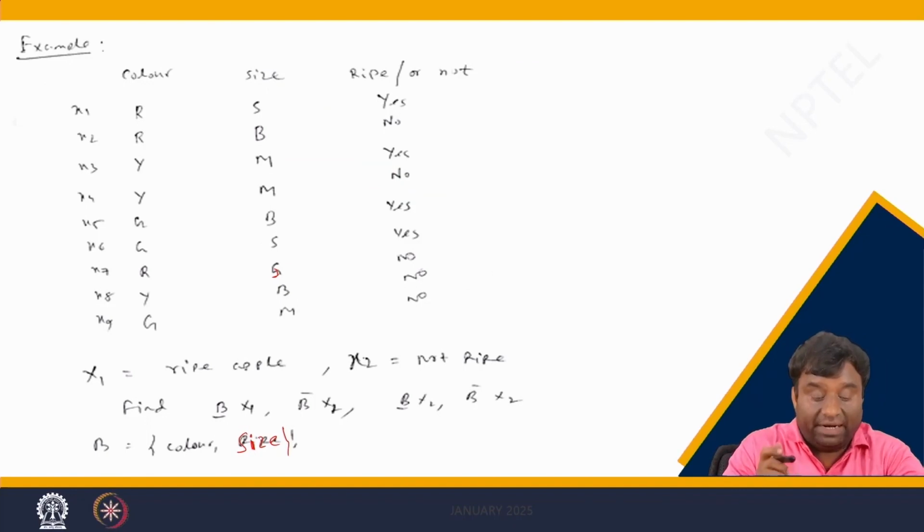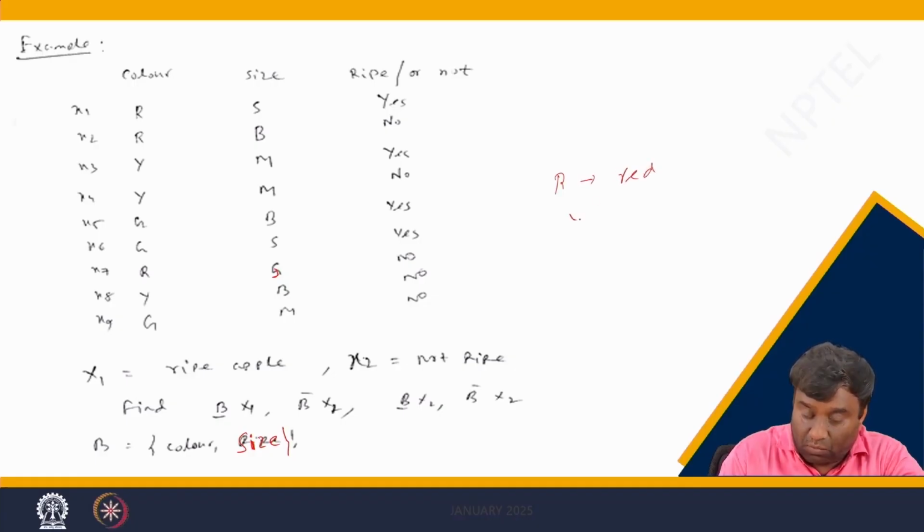Similarly, try to solve another question. There is a set of apples with two attributes, color and size, and we write whether the apple is ripe or not. Here x1 to x9 are the objects. For color, R is for red, Y for yellow, and G for green.